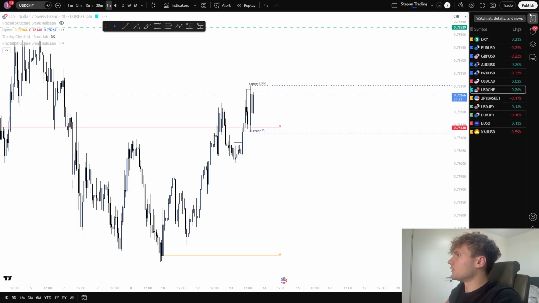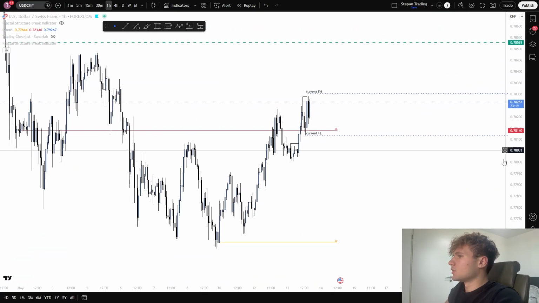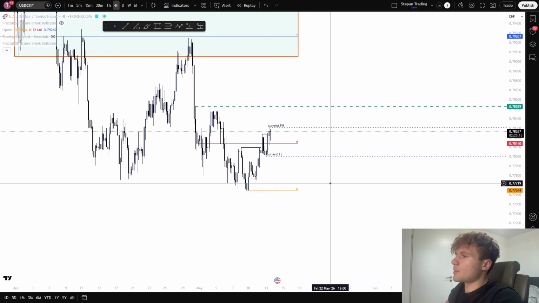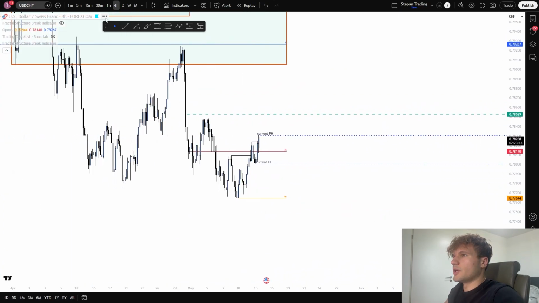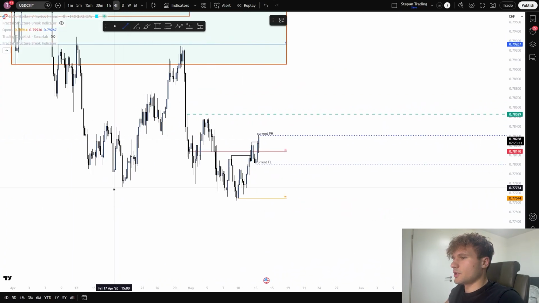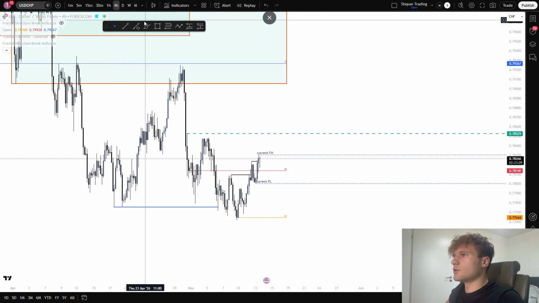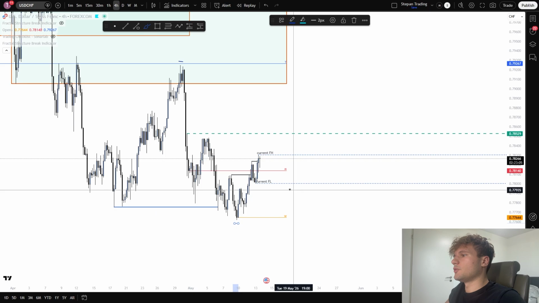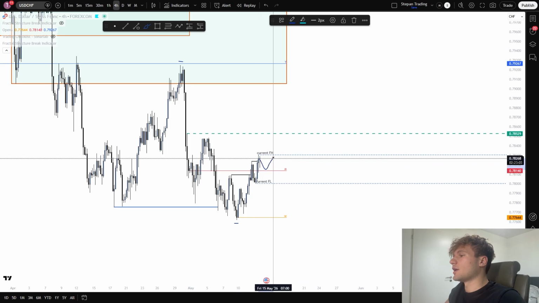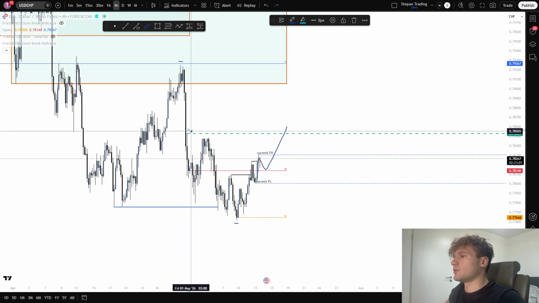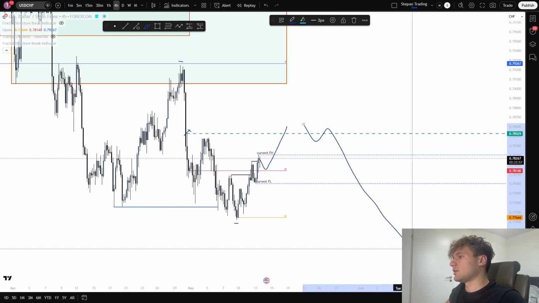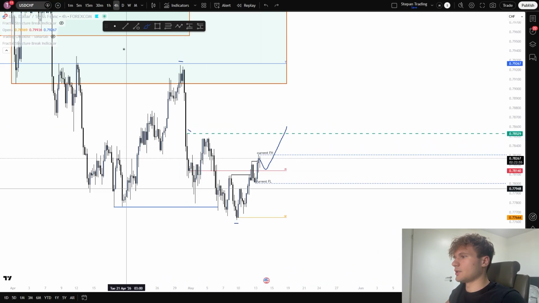Then moving on to USD CHF. USD CHF has still some upside available. So we are at this break of structure line that is in control. This is our high, this is our low, and I'm still favoring an upside push to liquidate this liquidity point in this move, then to trade it down after liquidating it.